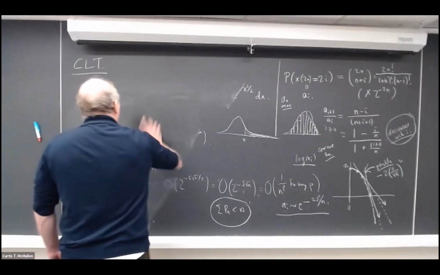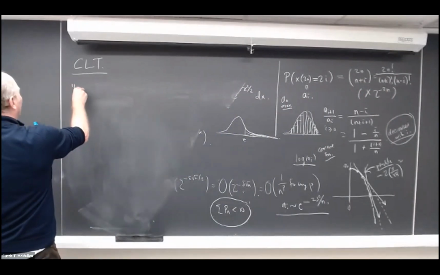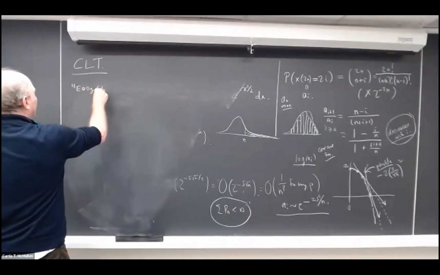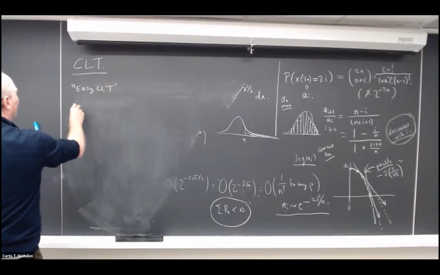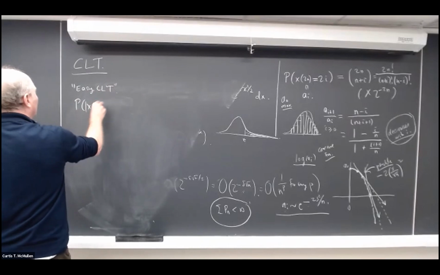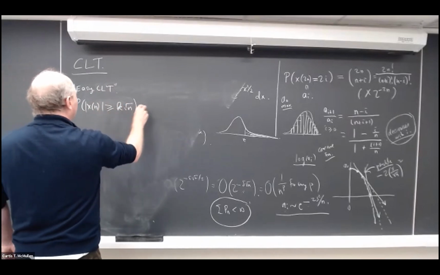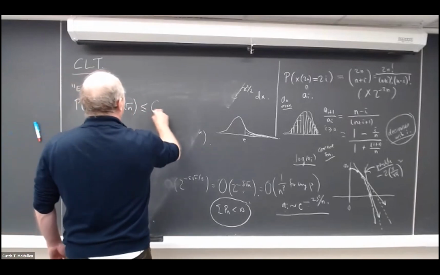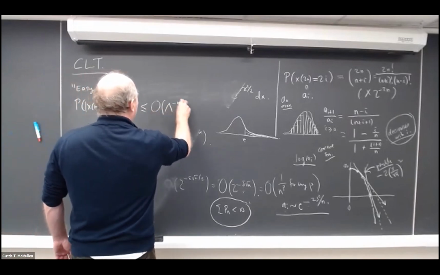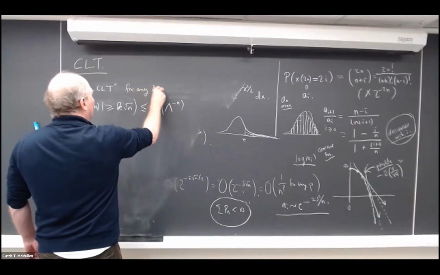So I just want to point out that the easy version of the CLT can be boosted to prove the following: the probability that x_n is greater than or equal to, say, k times the square root of n is less than or equal to big O of lambda to the minus n for any lambda greater than 1.